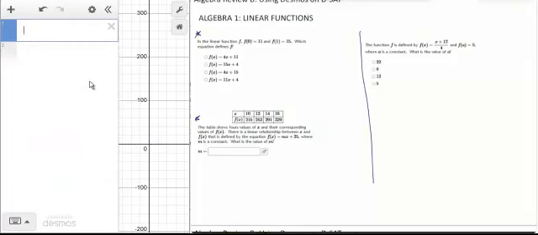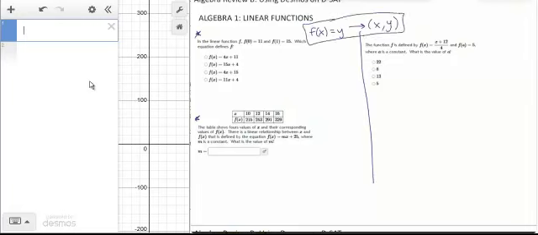So the first question relies on the understanding that when you take f of x equals y, so whatever f of x is equivalent to your output y, by putting it in this form, you see that this corresponds to an ordered pair, that an input of x gives you an output of y.